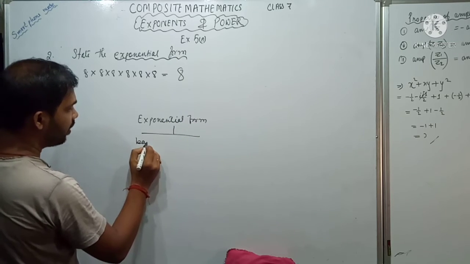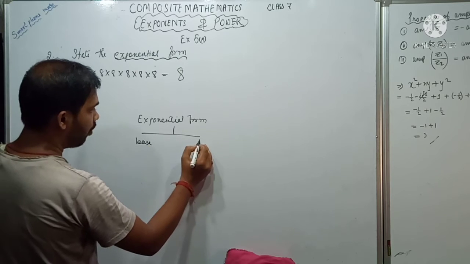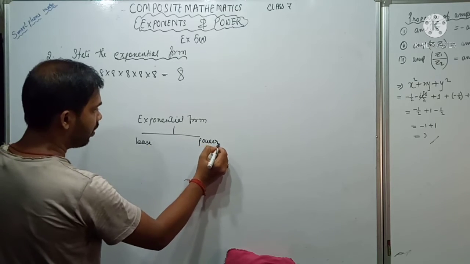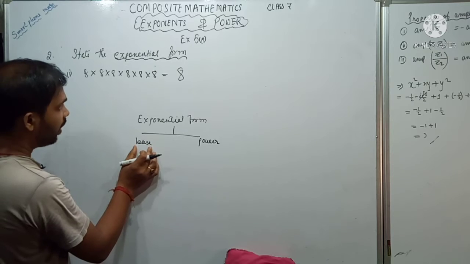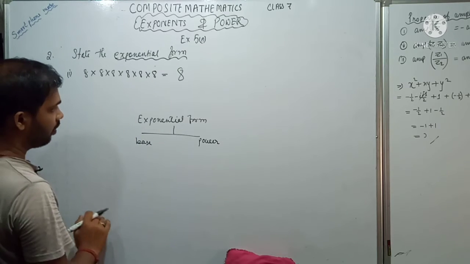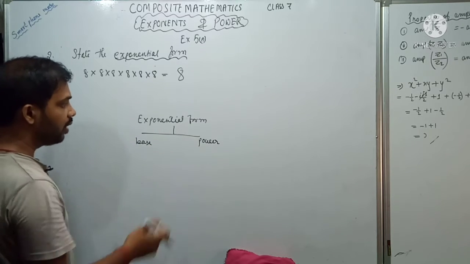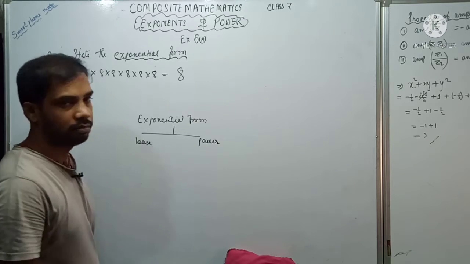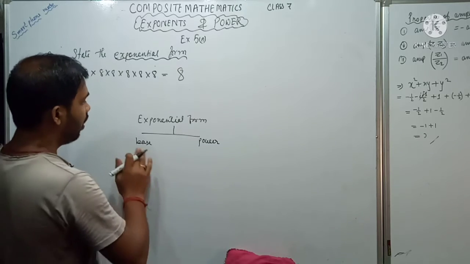One is base and the other is power or exponent. Base is the number that is multiplied, and power is how many times it is multiplied. Okay, I think we have understood.